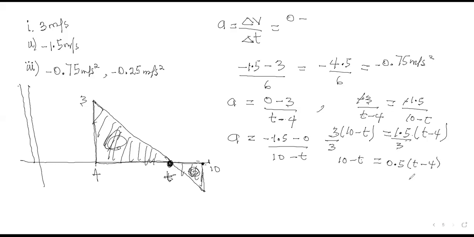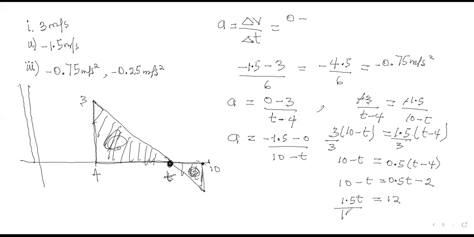So let's open the bracket at the right hand side. 0.5 T minus, what is 0.5 times 4? 2. So let's group like terms. When you group like terms, negative T crossing the equal sign. So we have 1.5 T is equal to 12. Okay, the 2 would also cross to add up to 12.